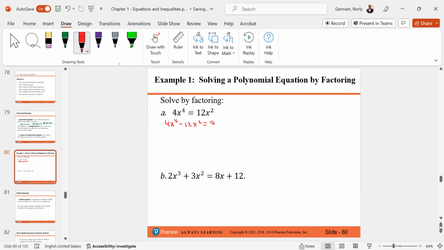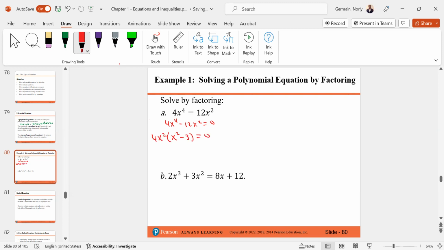Looking at this one, we can see that 4x squared is the GCF. So we factor 4x squared from each term, and we have left only x squared minus 3 equals 0.